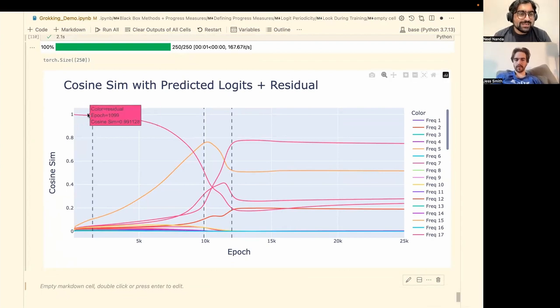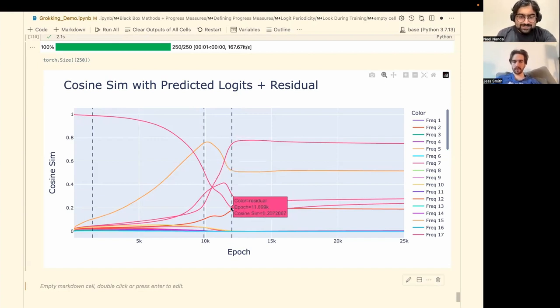We see that initially stuff that is not explained by the predicted logits is basically everything, which is what you obviously expect when you have a tensor in 1.4 million dimensional space, but well before the point where the model gets better than random loss, it's crashing and continues to go down during the period where we see test loss crash, but it goes down less here than it went down throughout all of this.